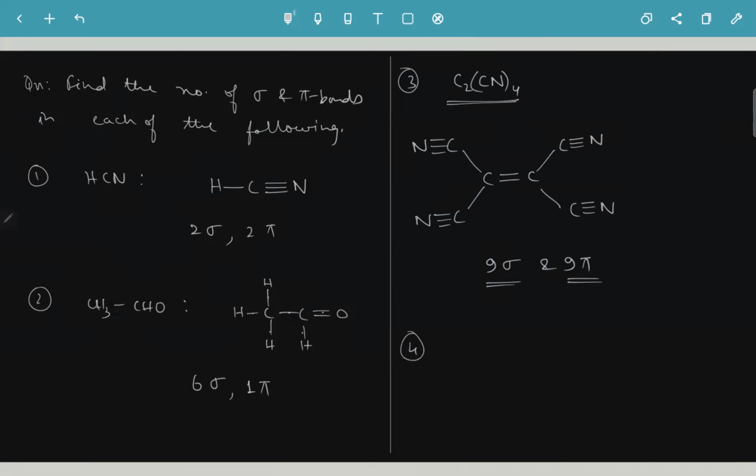एक और देख लो. Let us consider benzene molecule. This is the benzene molecule. Short में ऐसे represent करते हैं, but it has hydrogen atoms on each carbon. So when we count sigma and pi bonds, we'll also count the carbon hydrogen sigma bonds.